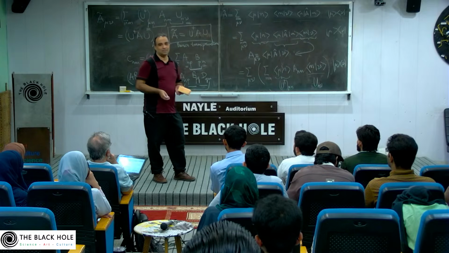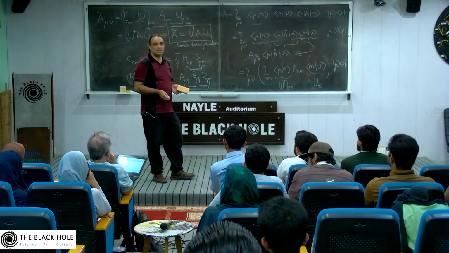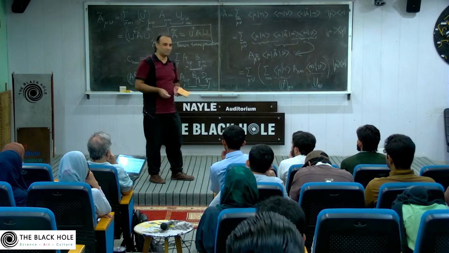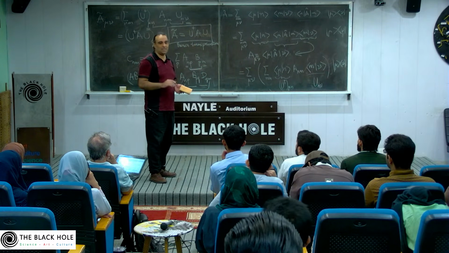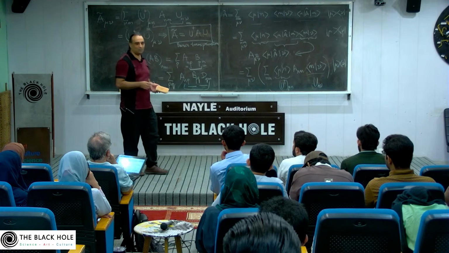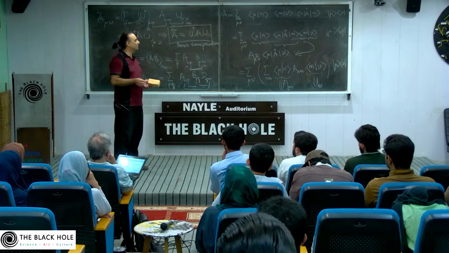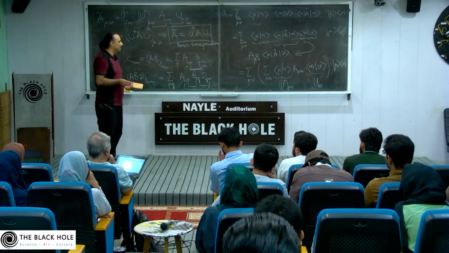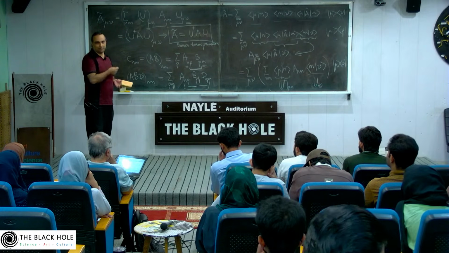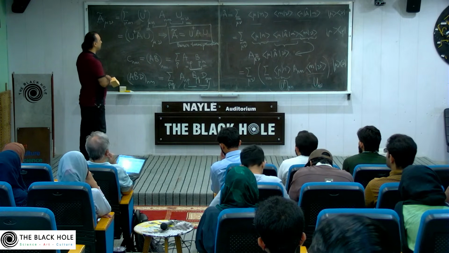So what if they're not perpendicular? Then it will not be a delta, there will be another overlap function. We usually call that S, but that makes things a little complicated, so it's simpler to use an orthonormal basis. Any other question about basis transformation or the spectral theorem? Okay.